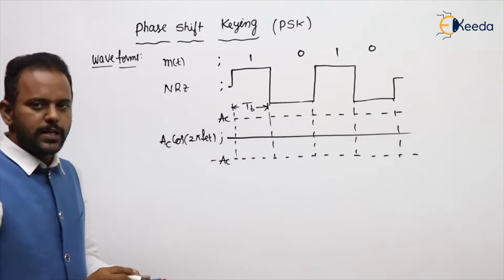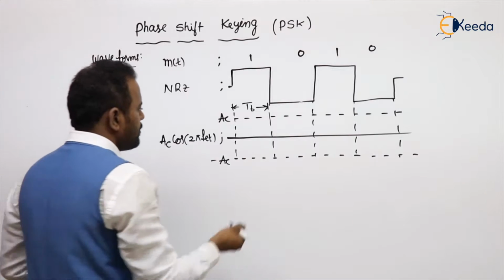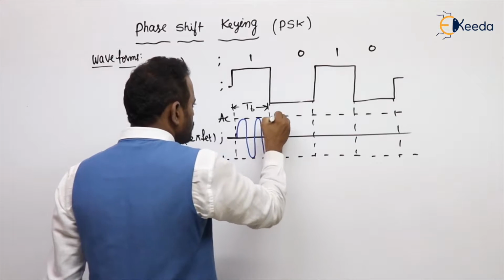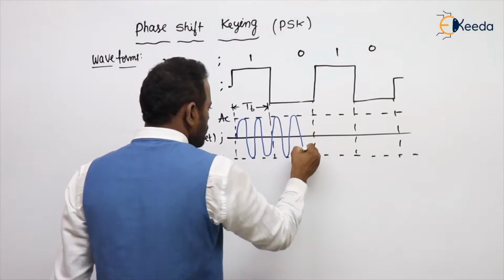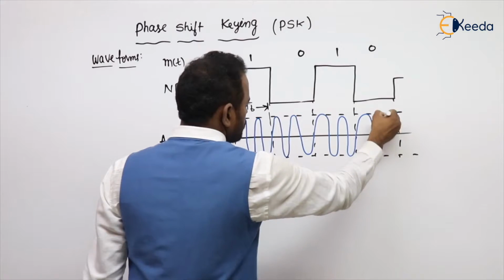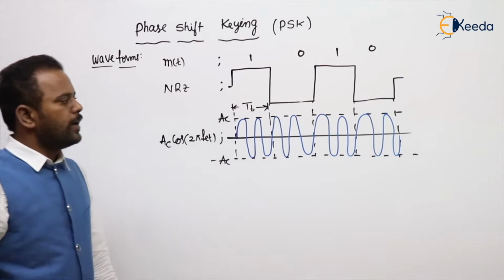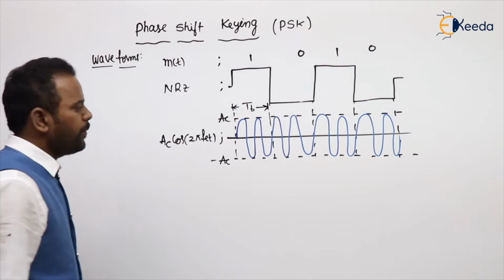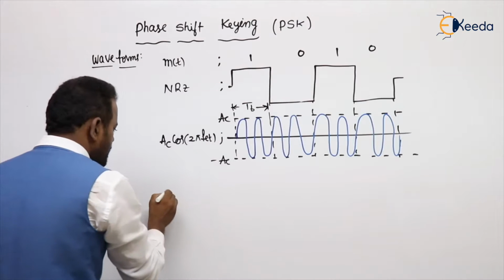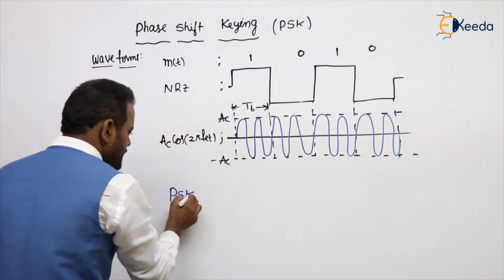Then you will get the waveforms in a clear manner. For example, this is the carrier, Ac cos 2 pi fc t. Now, see the modulated signal, which is nothing but a PSK signal.